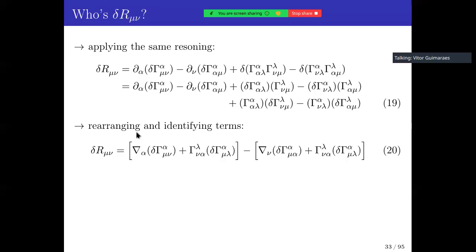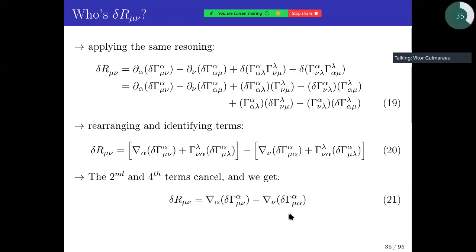You see that the second term here and this term here cancel, right? This term here is exactly this term here with a minus sign. So these terms cancel, and what we are left with is the perturbed Ricci tensor, right?